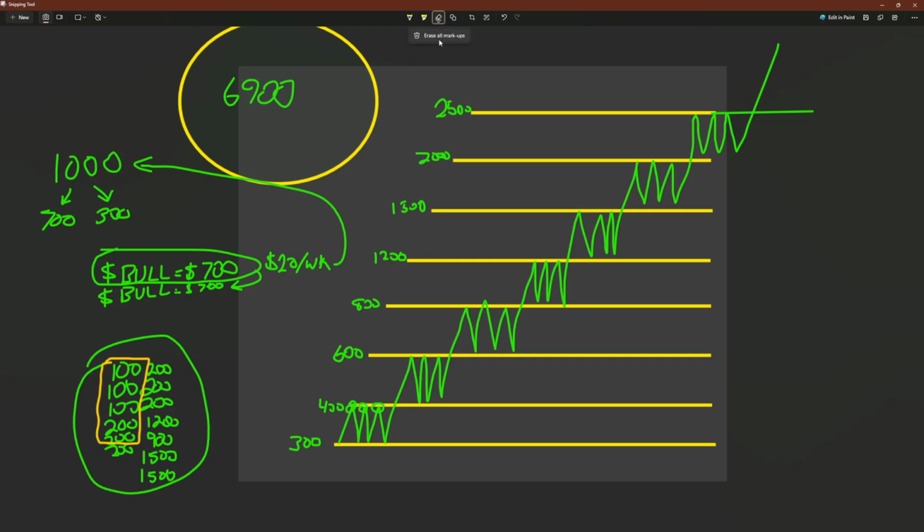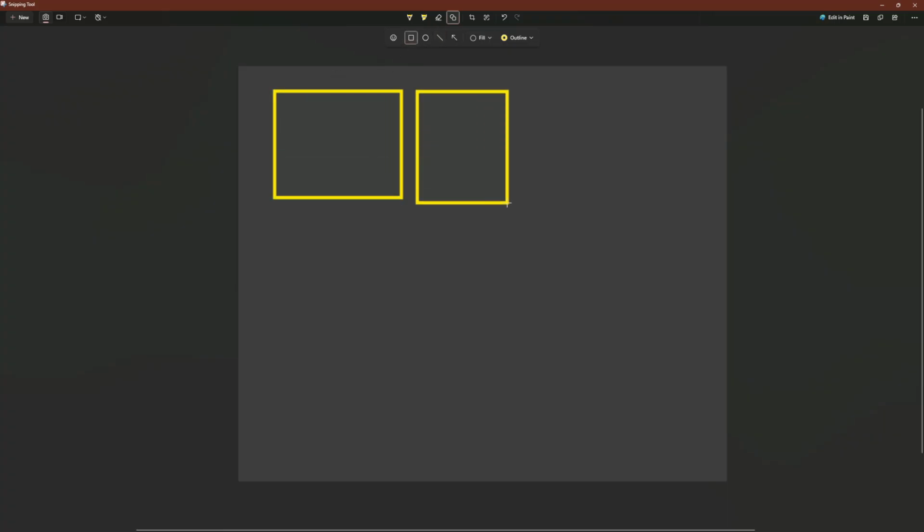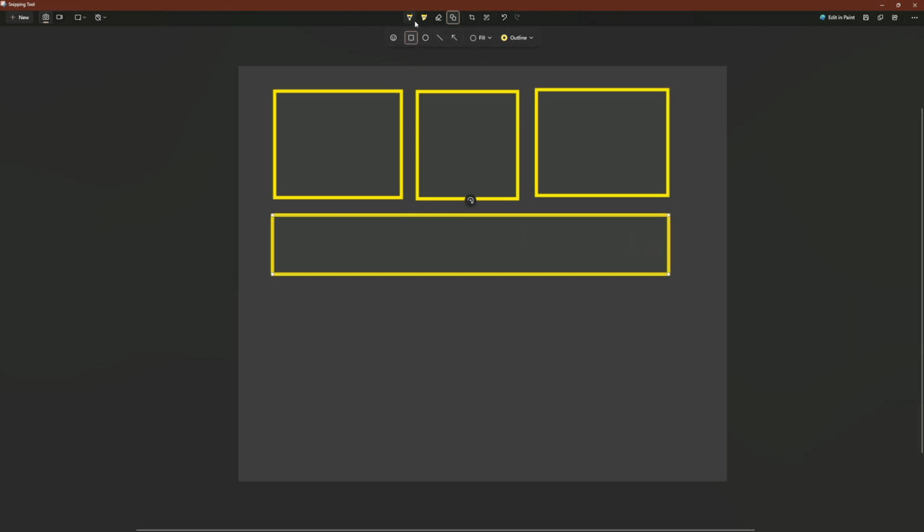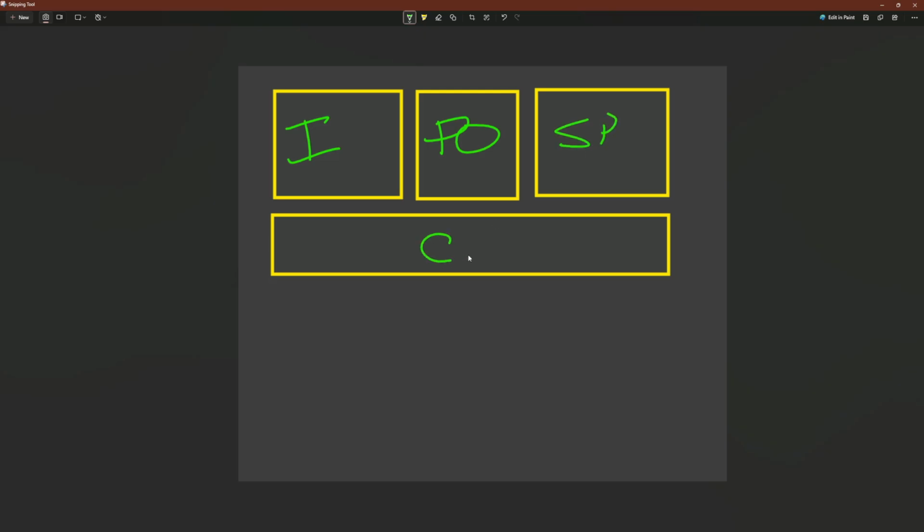So if I just erase all this, again, if we just go back to these 4 buckets, right? 1, 2, 3, and then the cash one. Okay. If we've got investments here, passive options here, speculation here, and cash here, if I have settled cash interest, I can put that up into speculation.